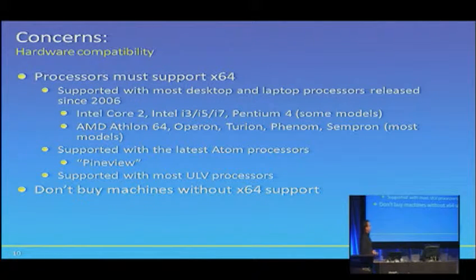So the obvious hardware compatibility issue is the hardware has to support x64. Fortunately, since 2006, when AMD originally released 64-bit support in processors, most major OEMs have at least provided their standard enterprise configurations with an x64 capable processor.